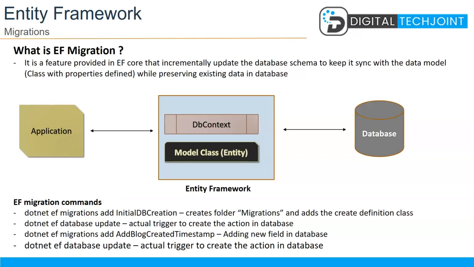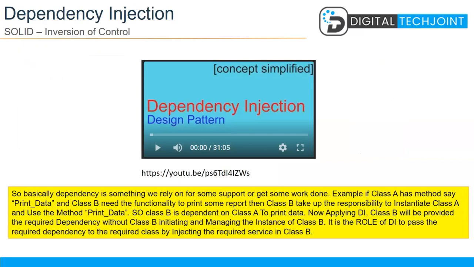For a simple understanding, migration basically creates the physical tables in your database, and it syncs up your model class and the database. That is how we use the entity first or model first approach using these migrations. We'll see this practically in our practical section.